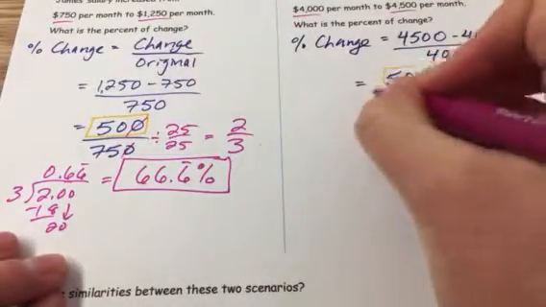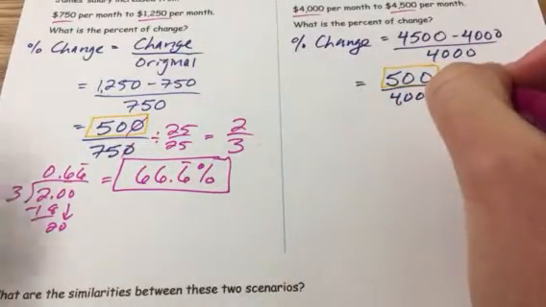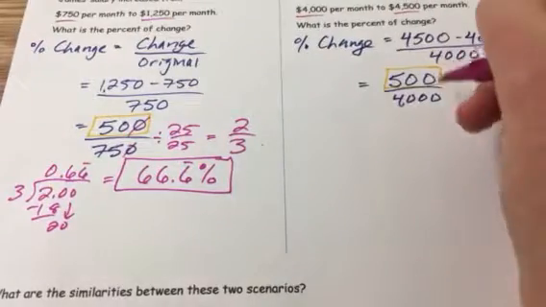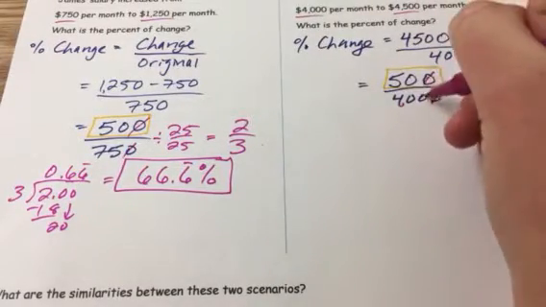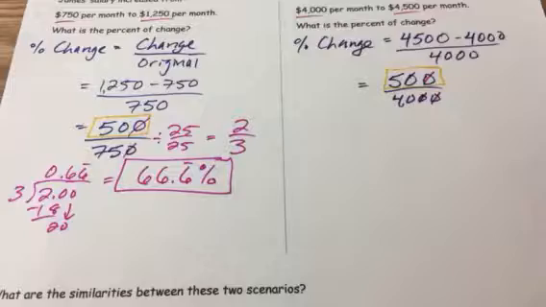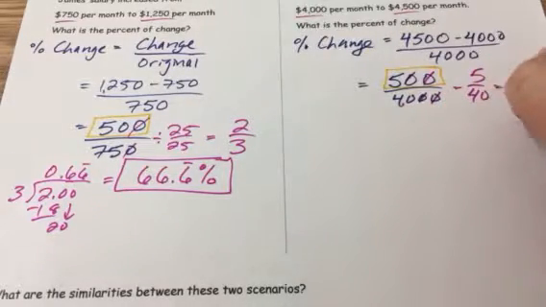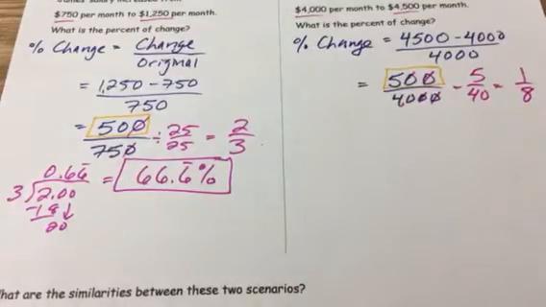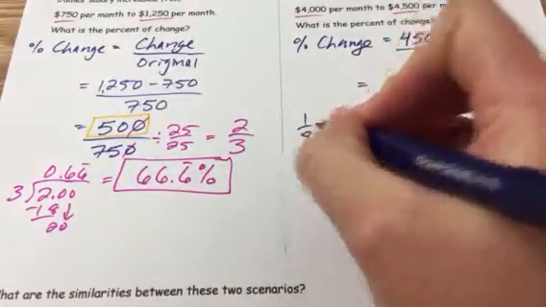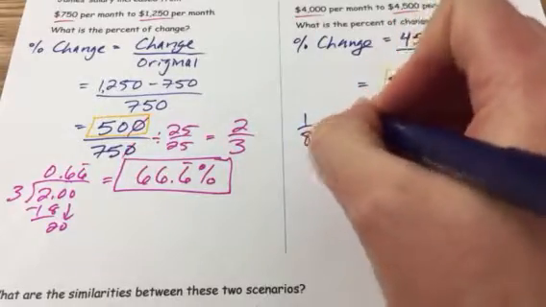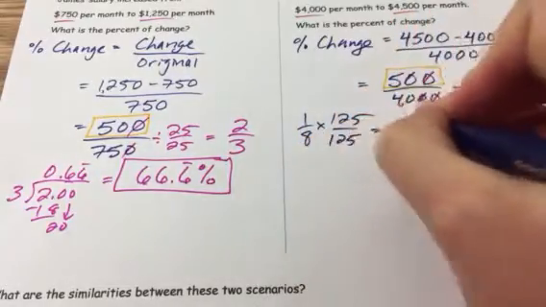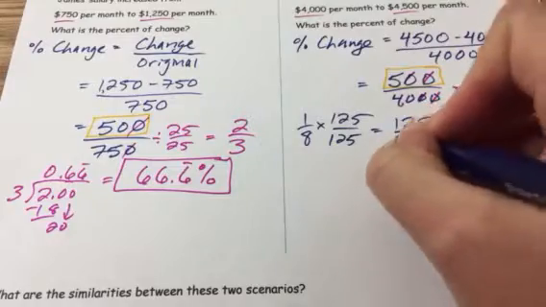So I'm going to try and see if I can get a denominator of 100. I'm not certain if I can. Let's go ahead and simplify first. So I can go ahead and divide by 100, and I get 5/40ths, and that's equivalent to 1/8. Now, if you guys remember, eighths are actually nice fractions because we can multiply them by 125, and we get 1,000.